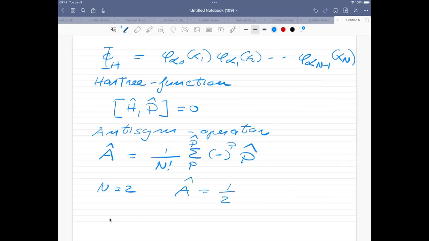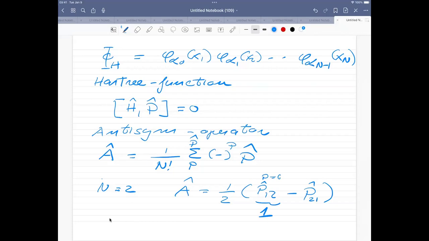I have two particles. And then I would have P12, which just leaves everything unchanged. So I'm just going to write that as 1. And then it has a minus because I'm doing one permutation. So this is little p equals 0. And this is p equals 1.